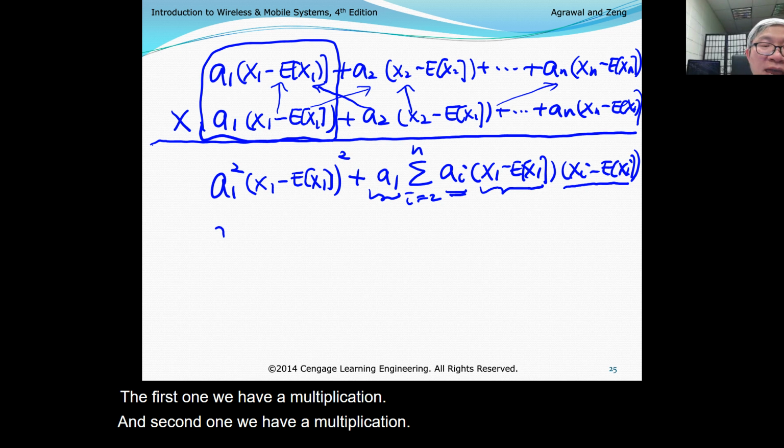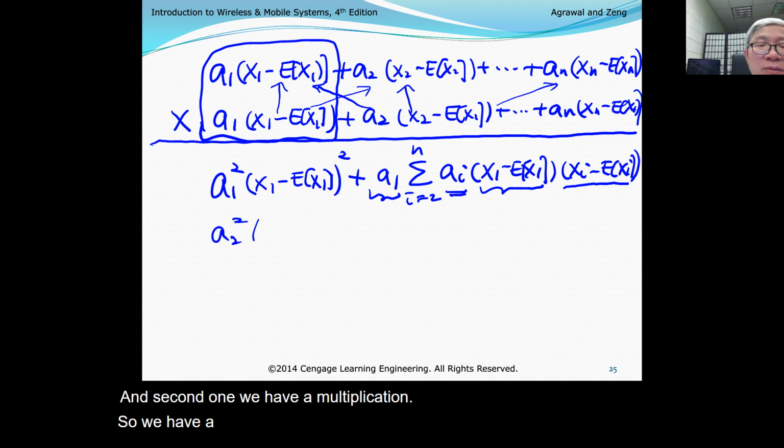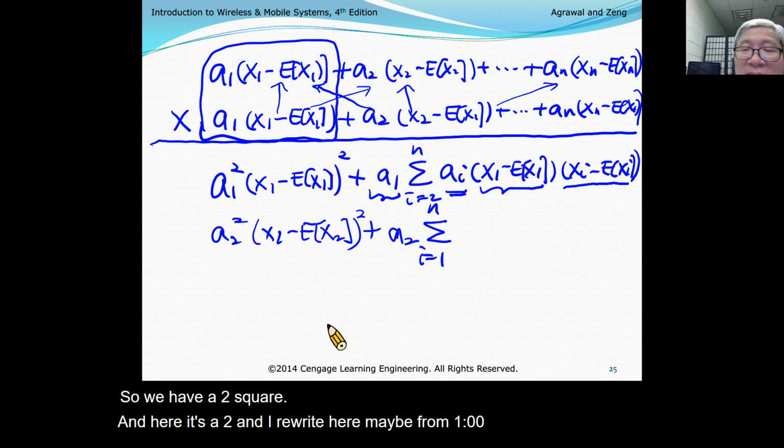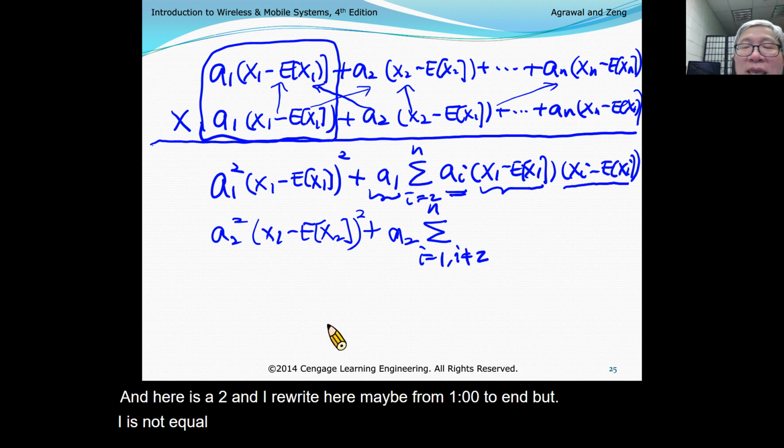So we have a2 squared. And here it's a2. And I rewrite here maybe from 1 to n, but i is not equal to 2. And here from 1, but i is not equal to 1.